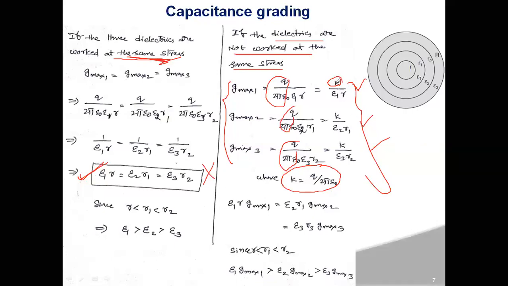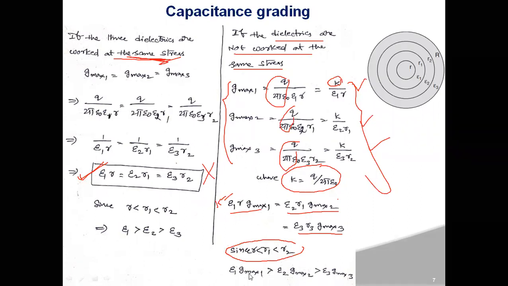So the K value will be equal to epsilon 1 r G max 1, which is equal to epsilon 2 r1 G max 2, which is equal to epsilon 3 r2 G max 3. Now, again since r is less than r1, which is less than r2, what can you say?